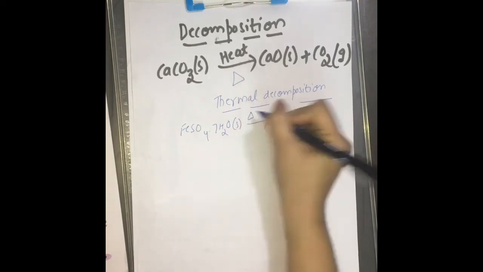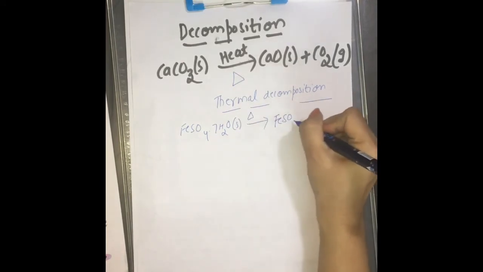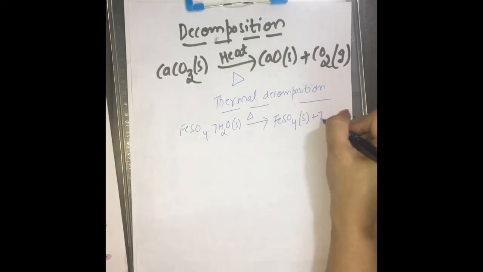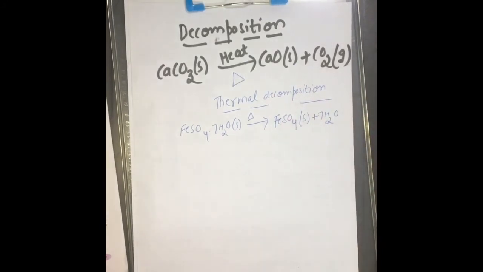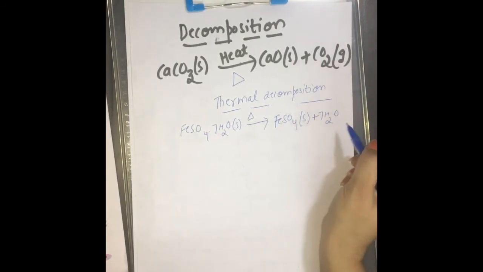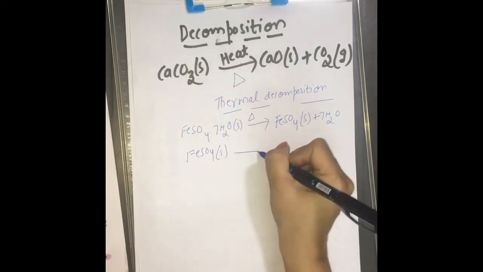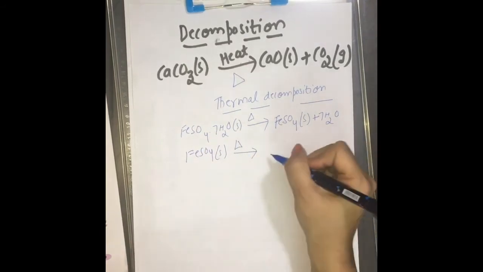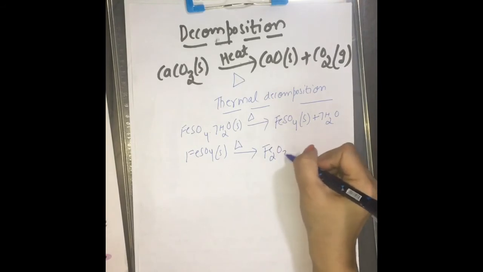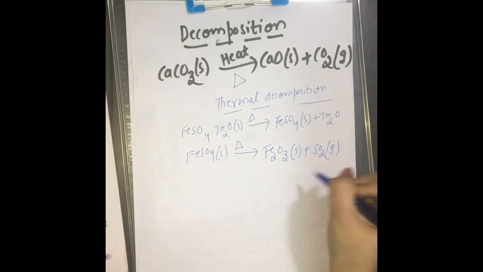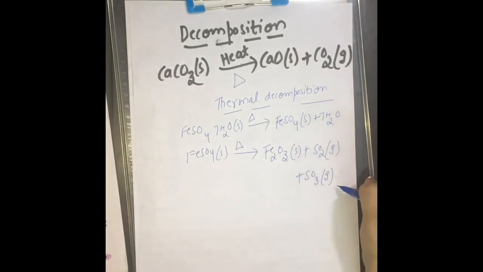When you heat it up, initially you get FeSO4 along with the release of 7 molecules of water of crystallization. But when you continue the heating, this FeSO4 on further heating will give Fe2O3, which is ferric oxide, along with the release of sulfur dioxide gas and sulfur trioxide gas.